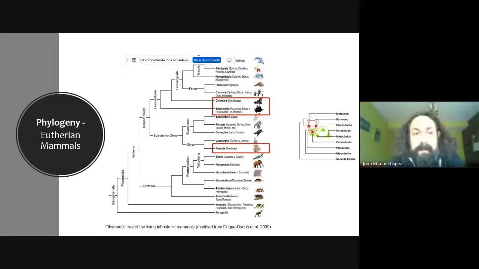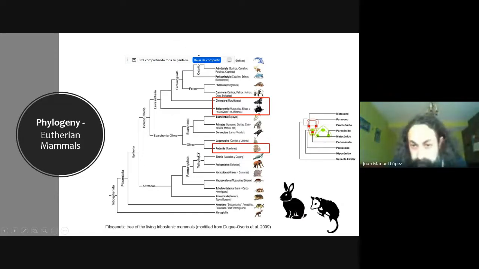Here is a slide with the phylogeny of the Eutherian mammals. We are going to speak about rodents that are here in the phylogeny. After that, the insectivores, or order Eulipotyphla, that comprise basically shrews, hedgehogs, and moles, and then Chiroptera, which are bats.